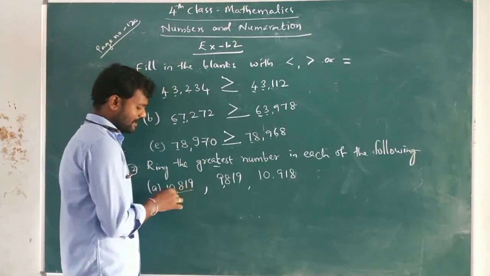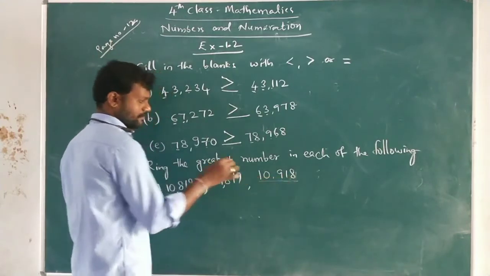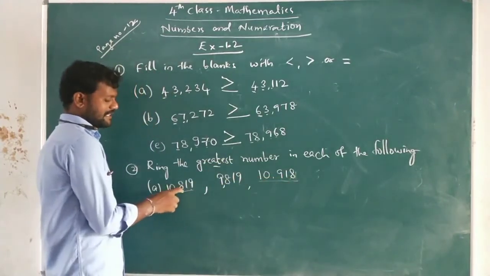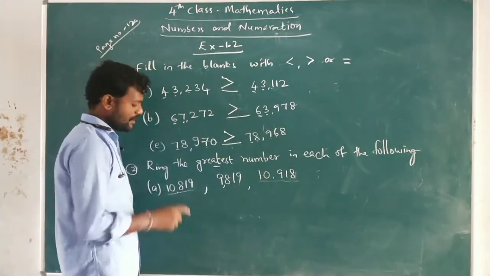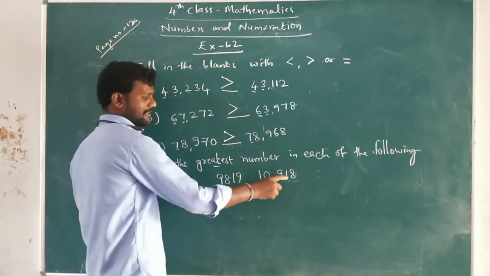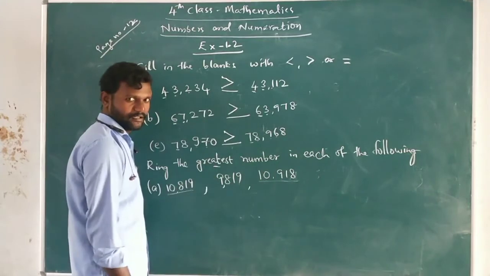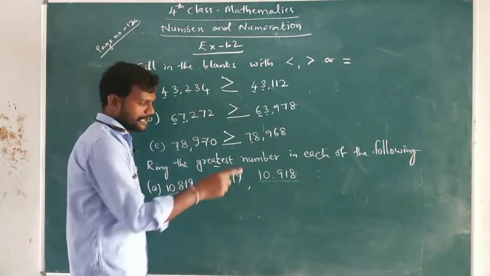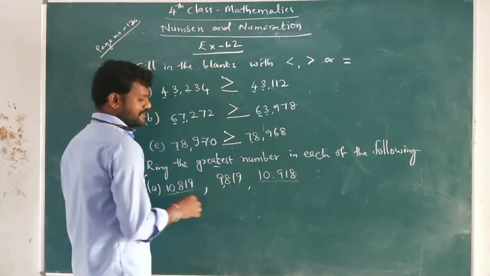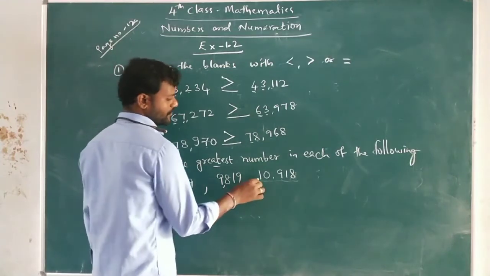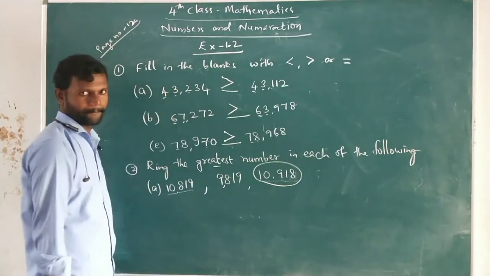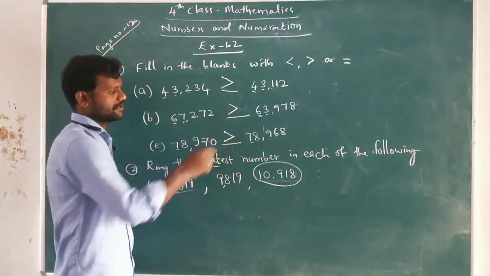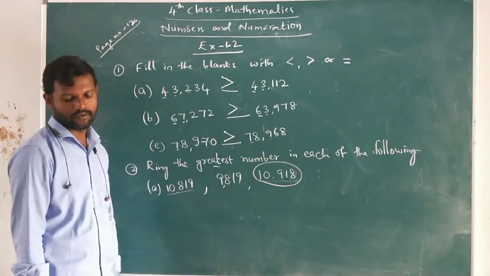But here we have 10,000 and here also we have 10,000. 10,819, 10,918. 819, 918. Which is bigger? 900 is bigger. So which is the greatest number among these? 10,918. It is the biggest number. It is the greatest number. Then circle that number. Okay.